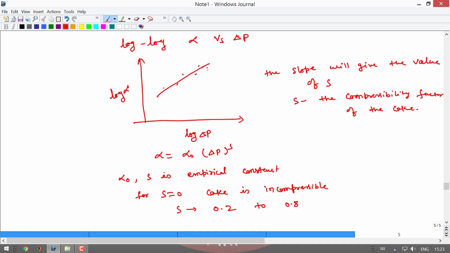So from this plot you will get s equal to 0.25. So from this we can conclude that the slope of the plot is s, and this is slightly compressible. The value of s is about 0.25. So the cake is not that much compressible, it is slightly compressible.